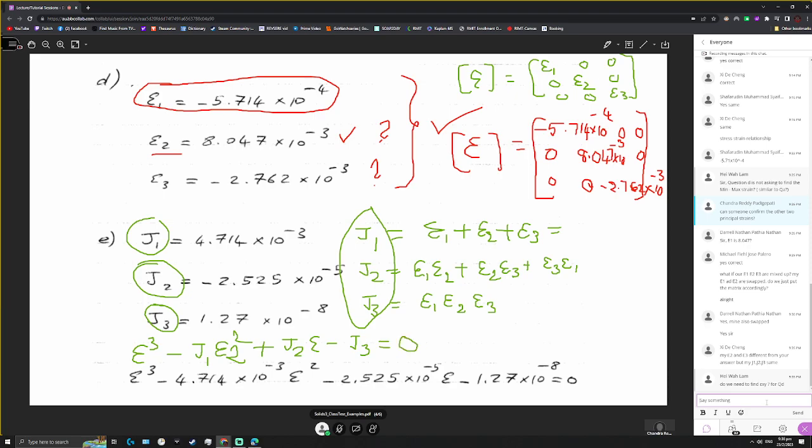So this is the characteristic equation. Now incorporate the values of J1, J2, J3, then you can write the final equation. This is the characteristic equation for the state of strain, for the principal strain.